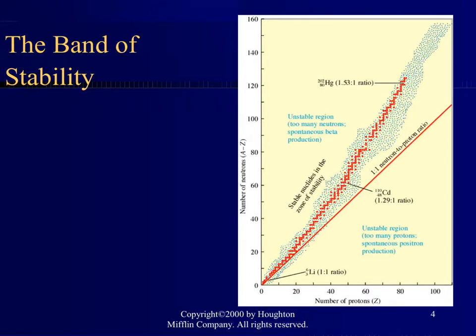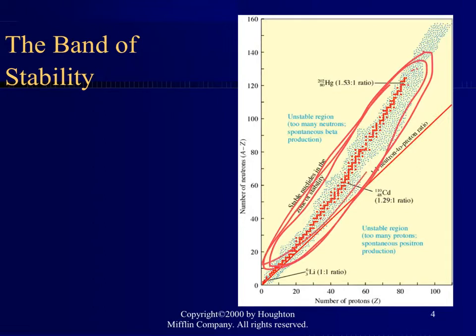Everything in this speckled region is what we call the band of stability. When they plot the points of protons versus neutrons, if it falls within this band, then it's considered to be stable. If it falls outside of the band, then it's an unstable nucleus.